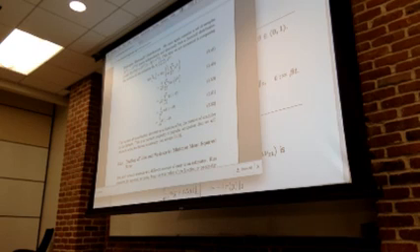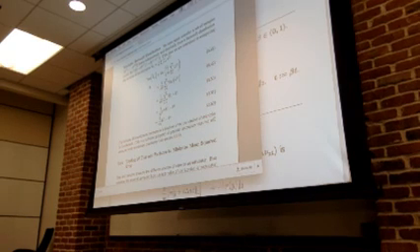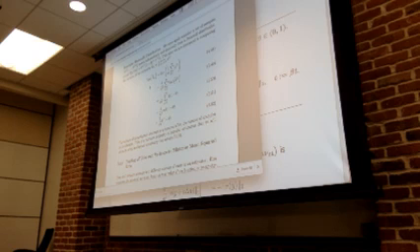If you cared about, instead of variance, if you recall the definition of variance, it's the expected value of x minus mu squared. So if you instead were interested in something that wasn't squared, you would take a square root of that.